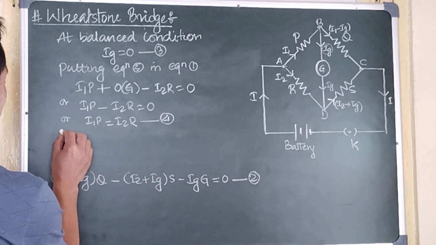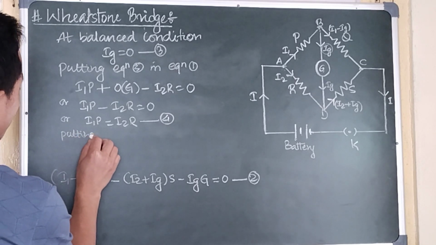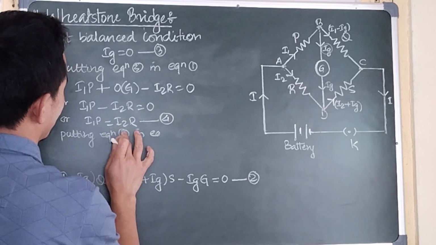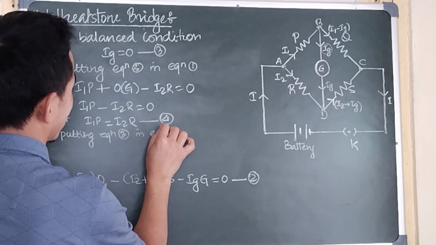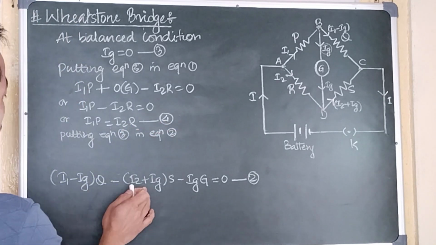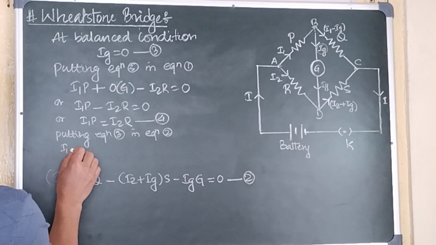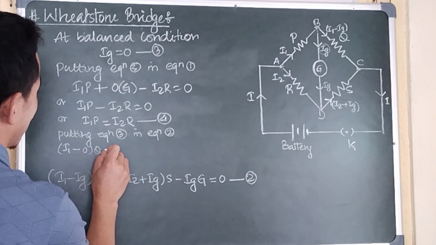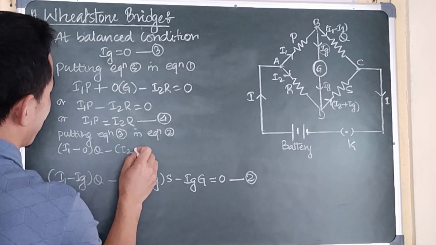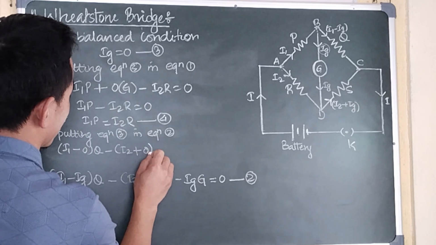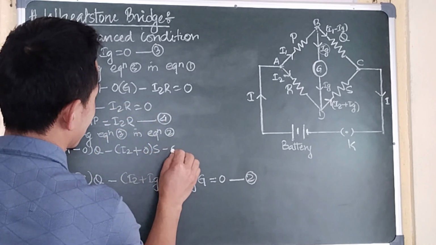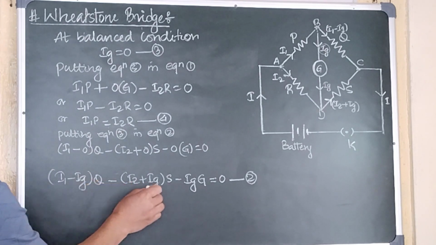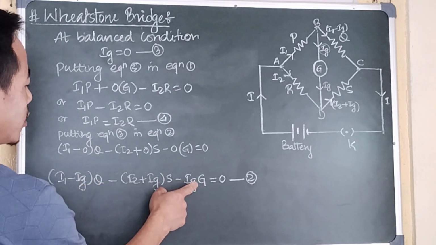So putting equation 3 in equation 2, I1 minus IG is 0, so this becomes 0 into Q, minus I2 plus this again becomes 0, so 0 into S, minus 0 into G equals 0. We have just replaced IG equals 0 in equation number 2.